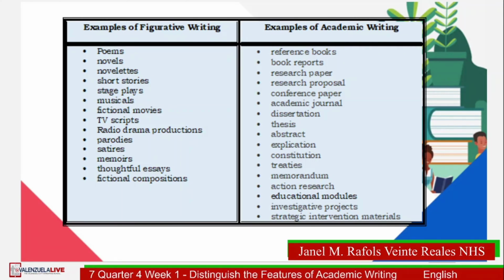For academic writing, we have reference books, book reports, research paper, research proposal, conference paper, academic journal, dissertation, thesis, abstract, explication, constitution, treatise, memorandum, action research, educational modules, investigative projects, and strategic intervention.